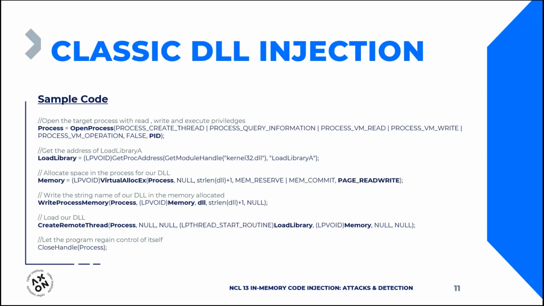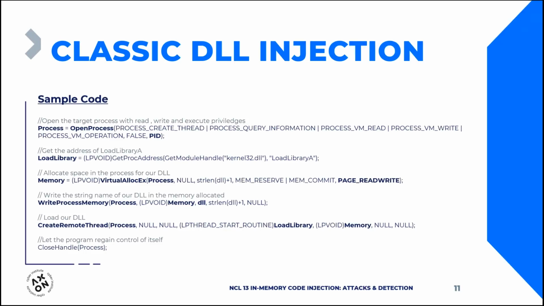Once the path of the DLL is written, the next step is to call CreateRemoteThread in order to load the DLL and execute it. So CreateRemoteThread, with the process handle that I have, process. And here I give it the address of LoadLibrary, which is inside the parameter loadLibrary, and memory.